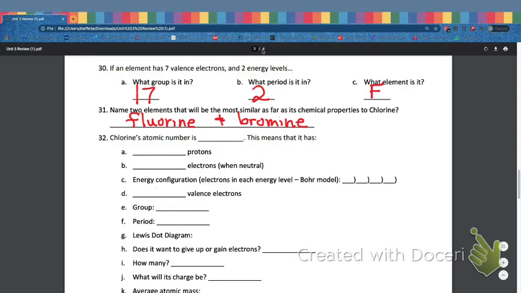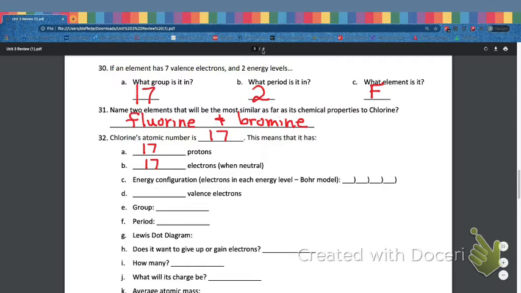Okay, so chlorine's atomic number is 17. Remember, that's the whole number on the periodic table. That means that it has 17 protons. And if it's neutral, it has 17 electrons. And so the electron configuration, we're just going to list how many electrons are on each energy level.